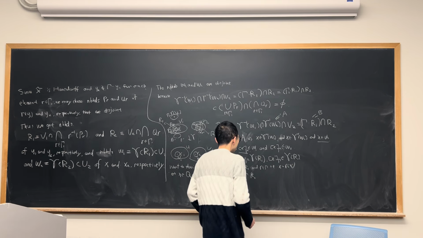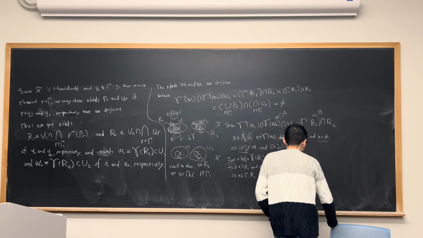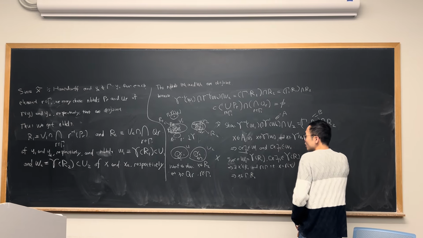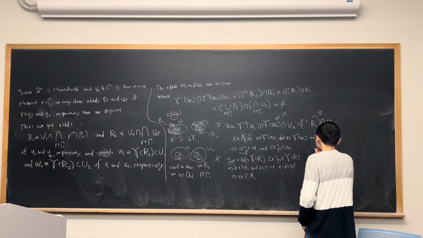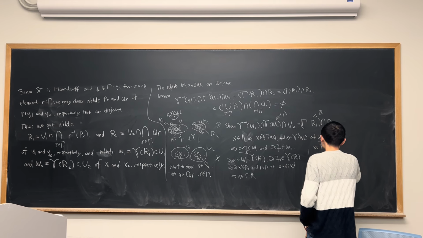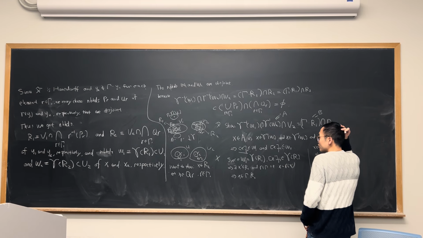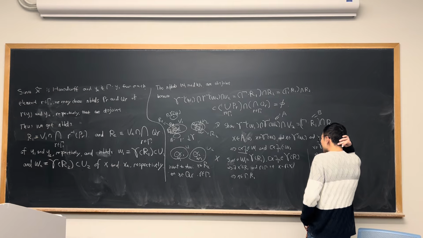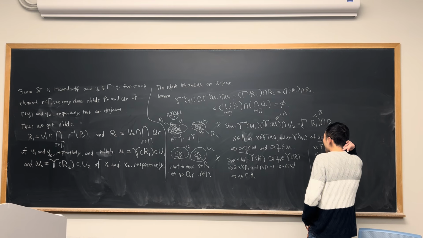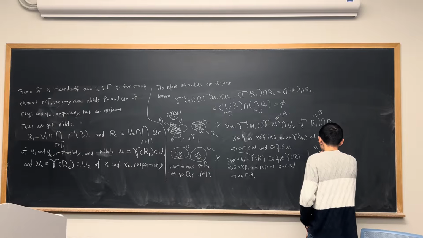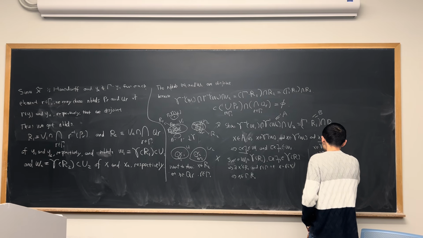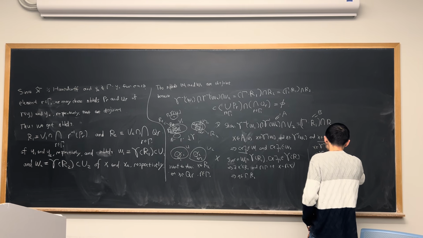Okay, so this implies, sorry, I write here, so this implies that the equivalence class of gamma of x is in this W2.